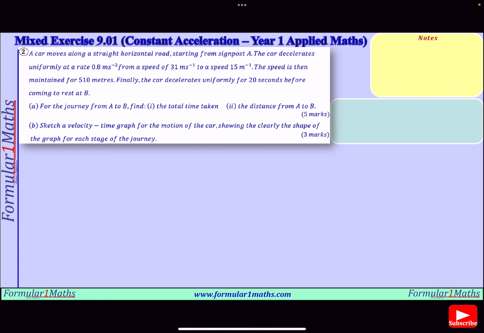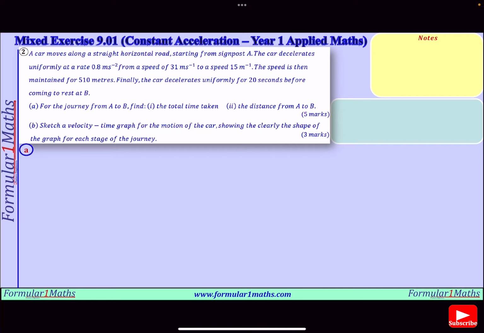So for A, we are going to consider the 3 stages of the motion: the first deceleration, the constant speed motion, and then the second deceleration.